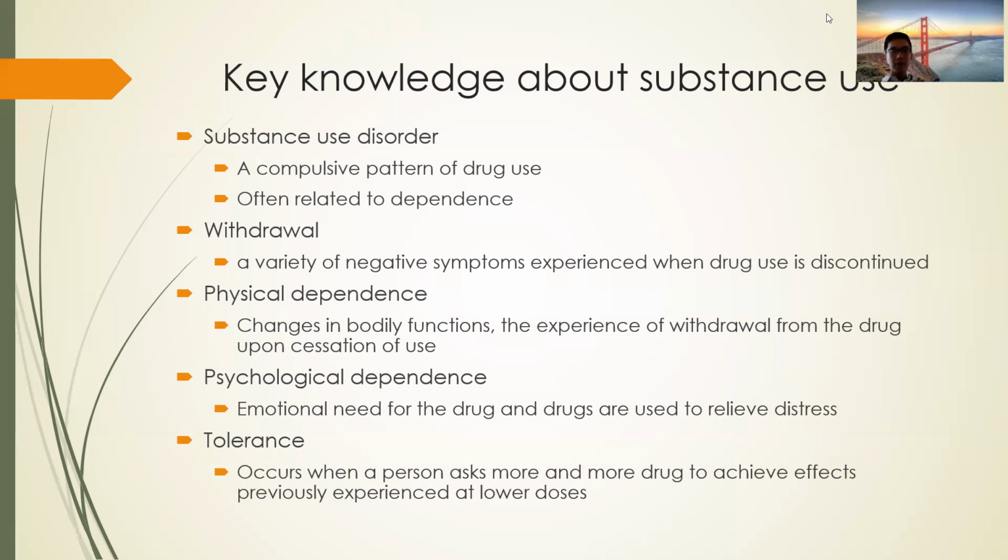And also there's another phenomenon for why people need to take drugs when they have a substance use disorder, because their body is tolerant to that kind of drug. It means that at the beginning, for example, they take 1 gram of marijuana, they get really high.